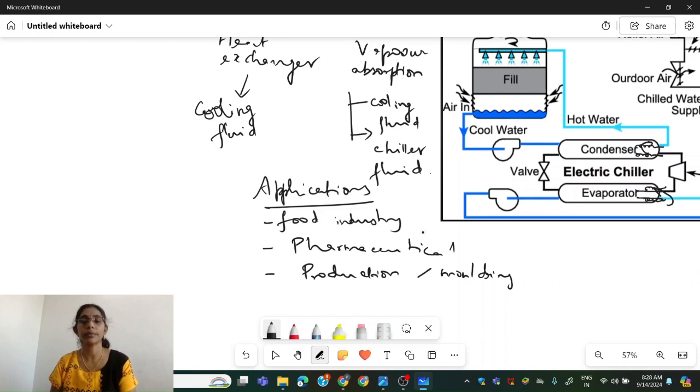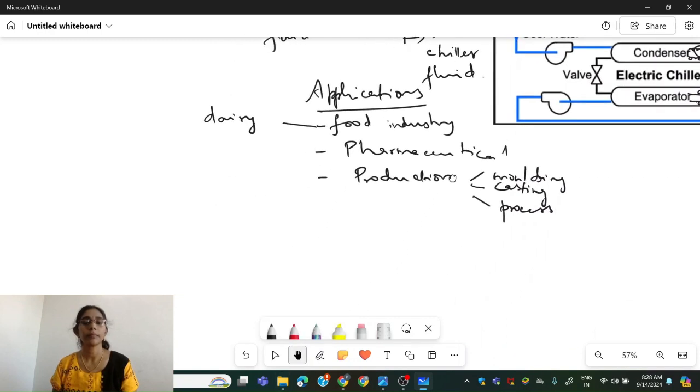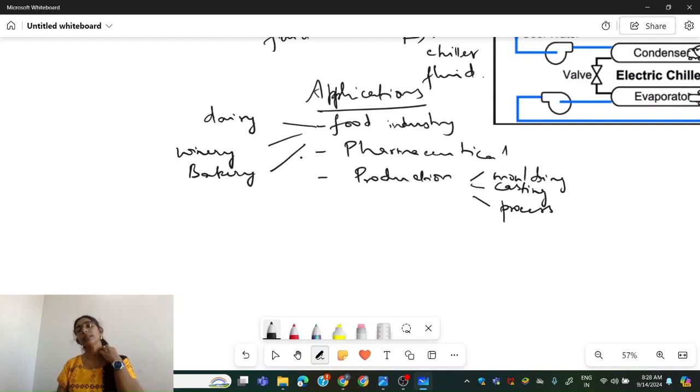And then also you have casting. You have process industries, etc. Right? So when you look at the food industry, it can be dairy milk applications. Then you have winery chillers. You have bakery chillers, right? So these are all the applications.